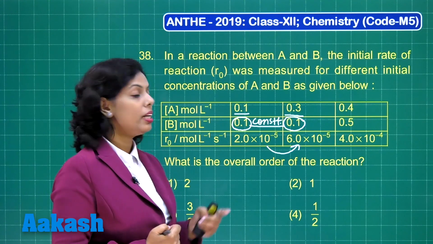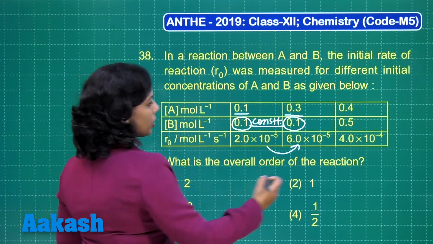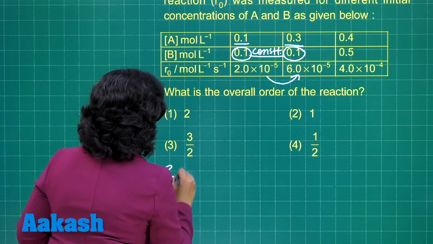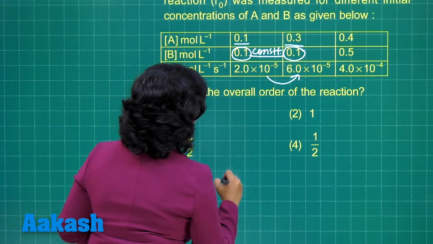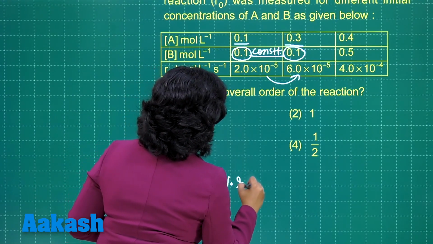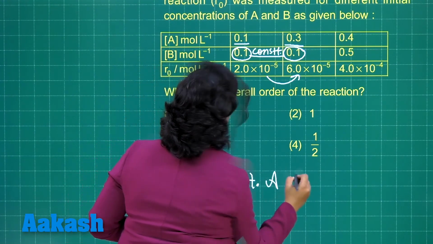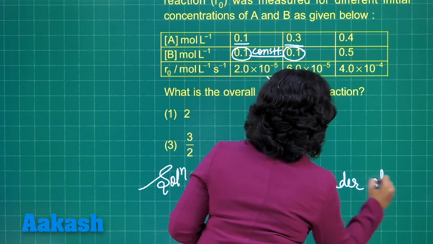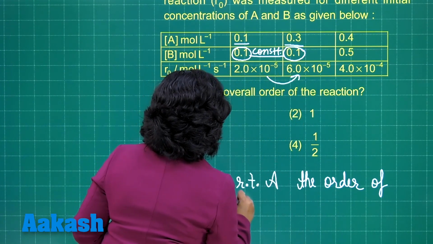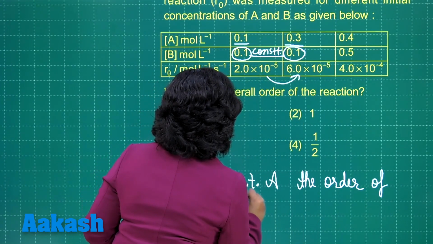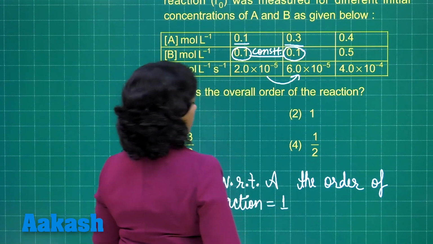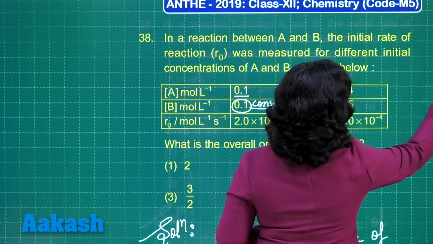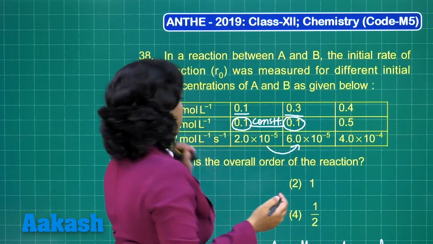Very simply, with respect to A, the order of reaction is 1.